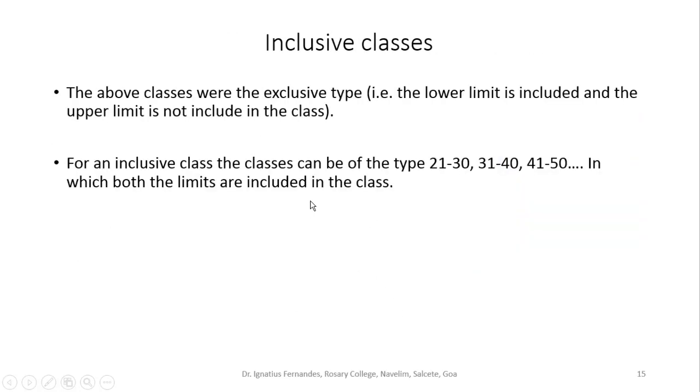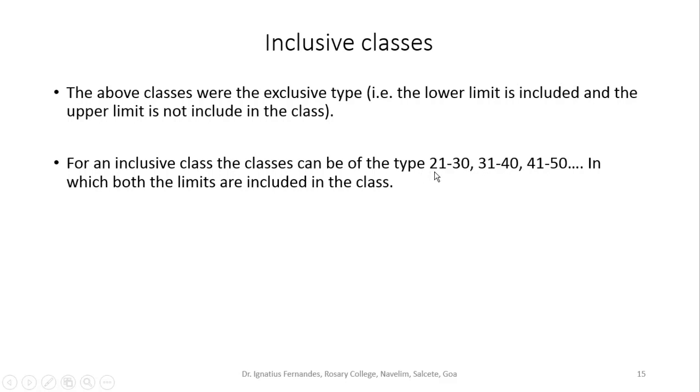Now, if you recall, the classes that we considered earlier were 10 to 20, 20 to 30, 30 to 40, where the upper limit was not included. In case you want to include both the lower and upper limits, then they are called inclusive classes. In that case, the classes can be of the form 21 to 30, 31 to 40, and so on.